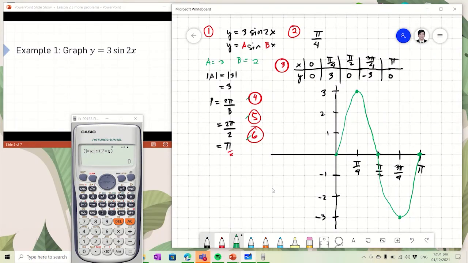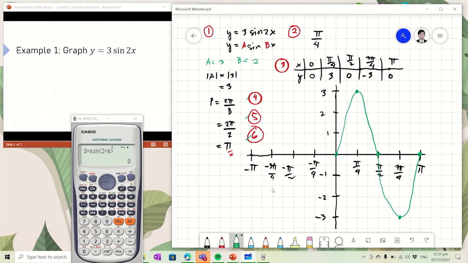So, perhaps gawa tayo ng same labels dito sa ating x-axis to the other side. Negative version lang. So, negative pi over 4. Then, negative pi over 2. And then, negative 3 pi over 4. And finally, we have here a negative pi.